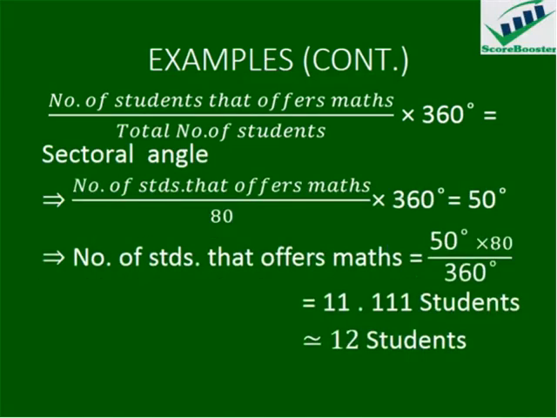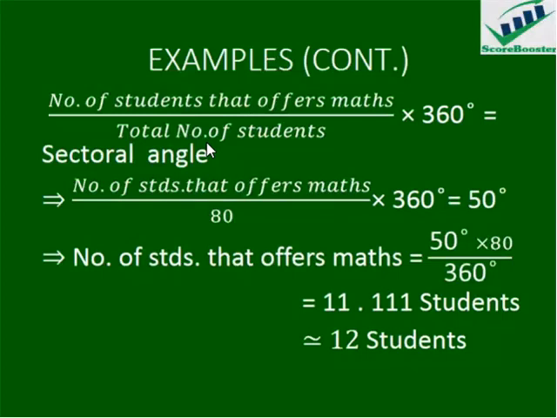The formula is: number of students that offer math over total number of students, multiplied by 360 degrees, equals the sectorial angle of mathematics. The number of students that offer math is what we are to obtain, and the total number of students, as given in the question, is 80.